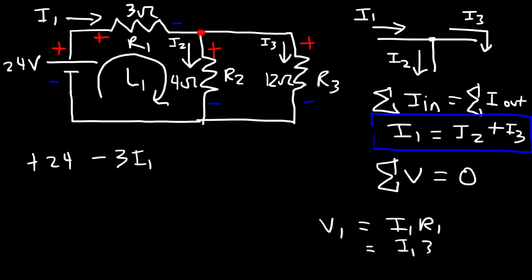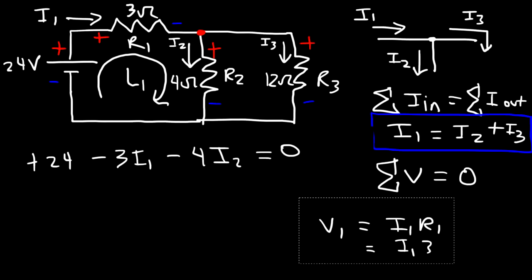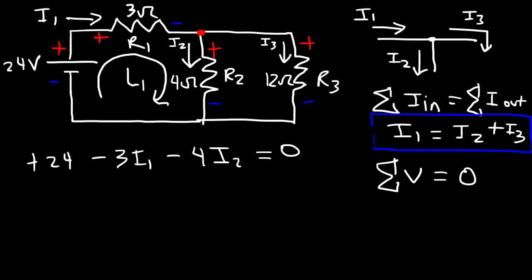So that's going to be another voltage drop, and so that's going to be minus I2 times the resistance of 4, so we could say 4I2. Now we've completed loop 1, so we're going to set this equal to 0. Now I'm going to take these two terms and move them to this side. So we have the equation 24 is equal to 3I1 plus 4I2.